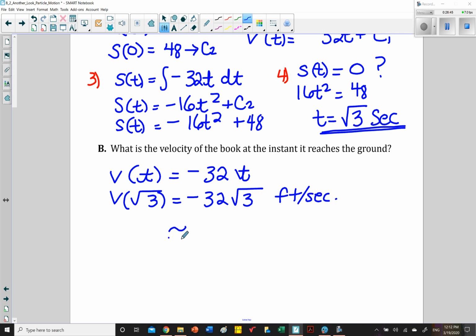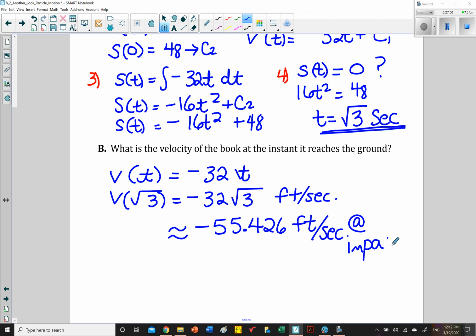If you wanted a decimal approximation, take your calculator out and find that it's about 55 feet per second at impact. Okay, and then you could calculate miles per hour if you wanted, about 40 miles an hour.